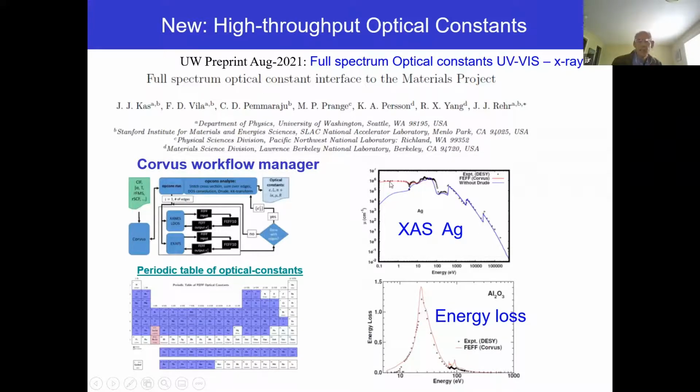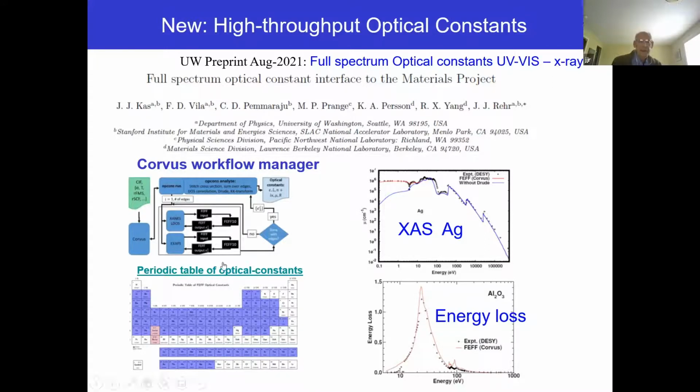Now you might wonder what the heck's going on here. At low energies, you have to include a phenomenological Drude term to account for the conductivity of an atom. And this calculation is done automatically with a new computational technique that manages all these calculations. It's called Corvus, a so-called intelligent workflow manager.